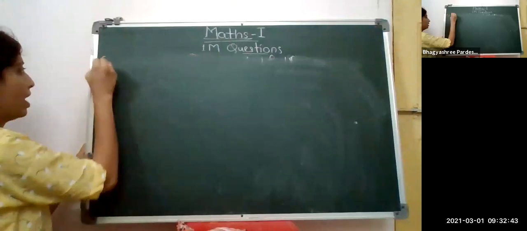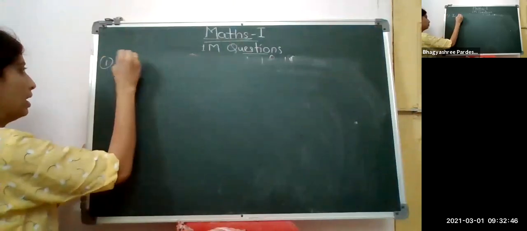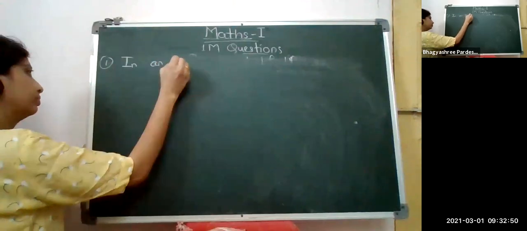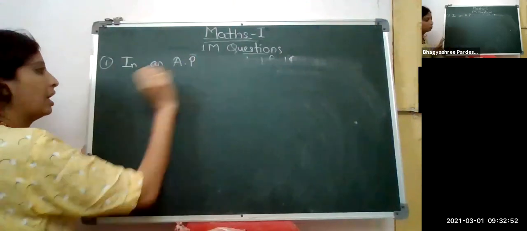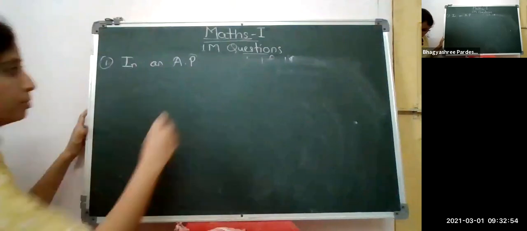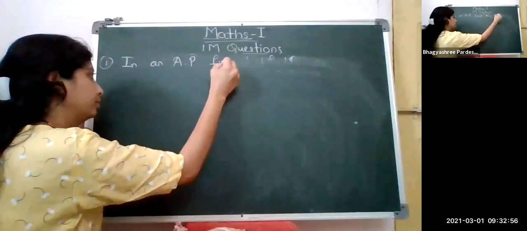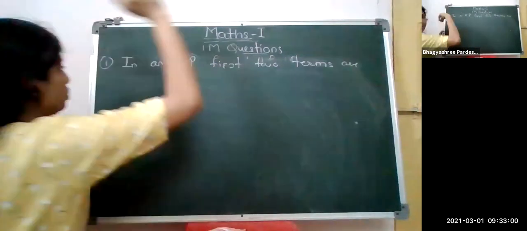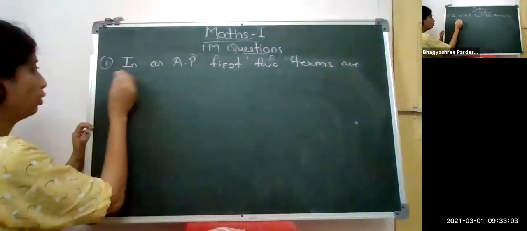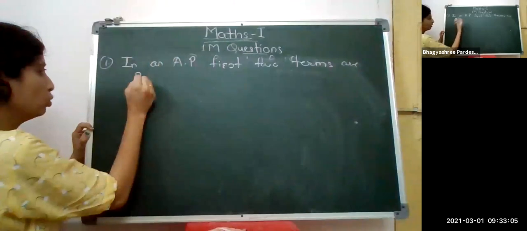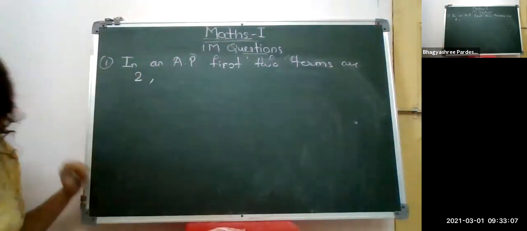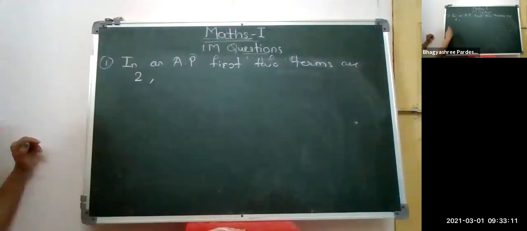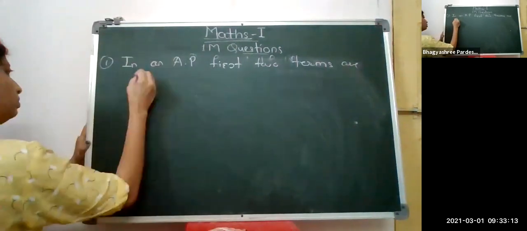So one question I have here: in an arithmetic progression, the first two terms are, suppose I'm taking any two terms according to my choice, 2, comma 4.